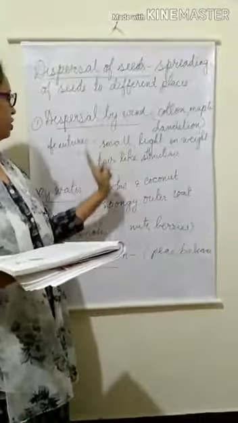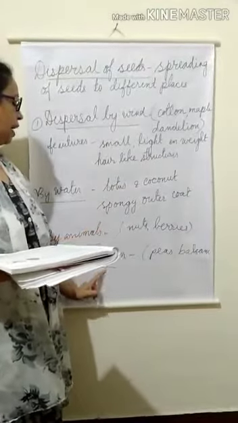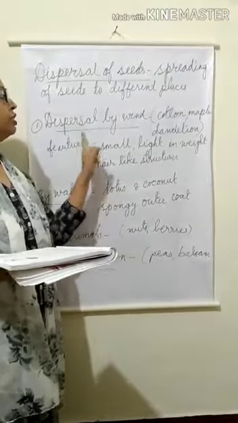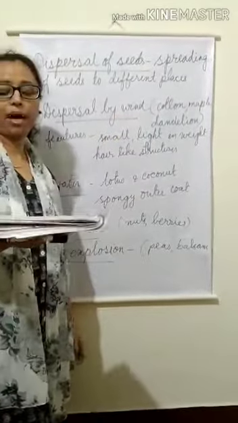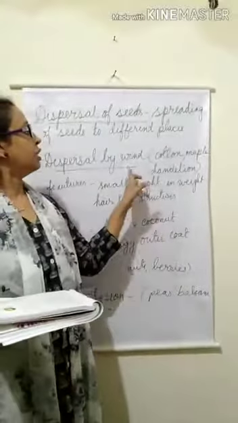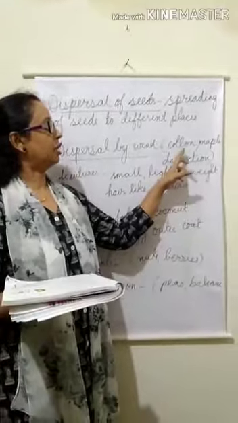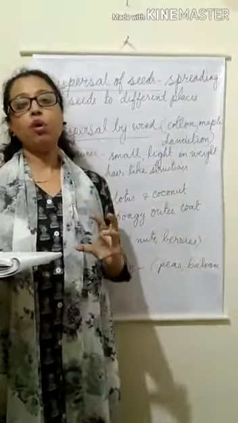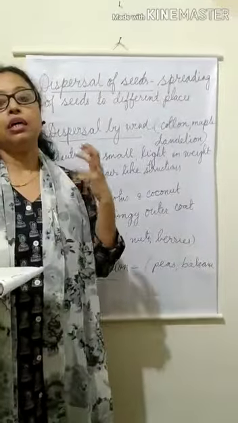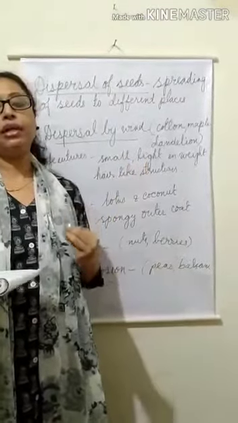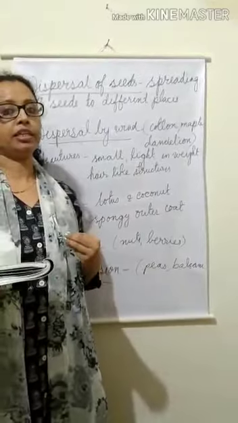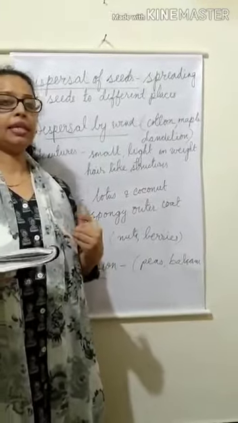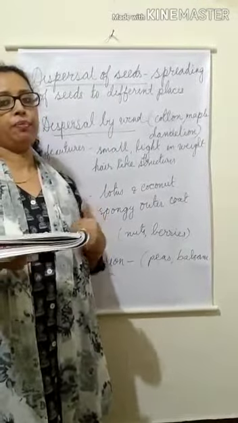They are wind, water, animals and explosion. First we'll see dispersal by wind. Some seeds, like seeds of cotton, maple and dandelion, are small, light in weight and have hair-like structures, so they can be easily carried by wind to different places.